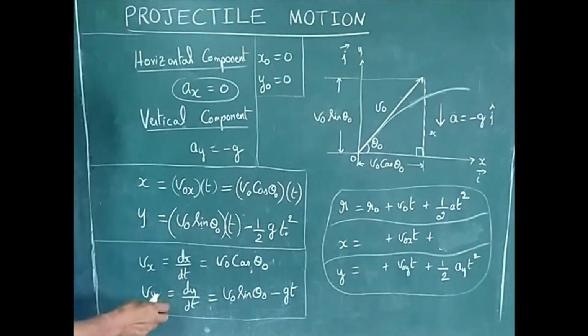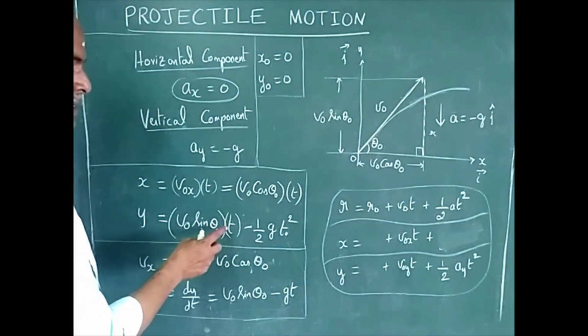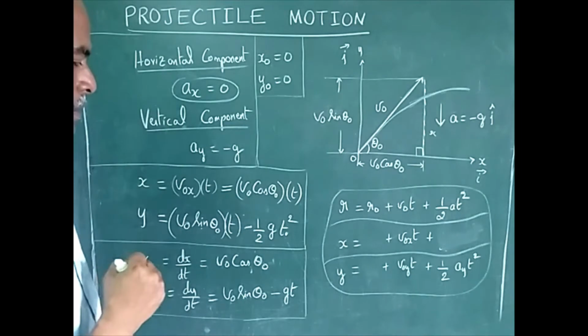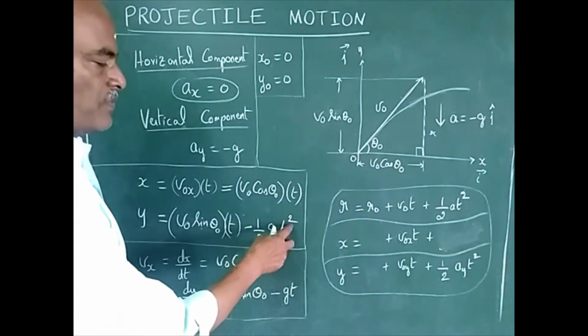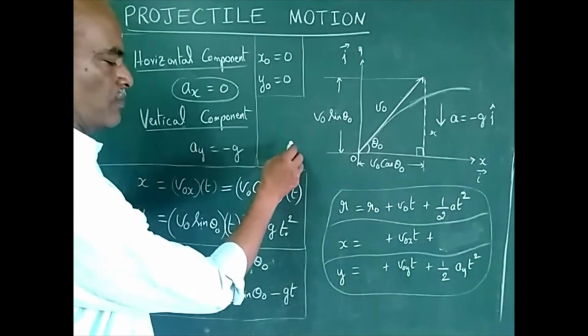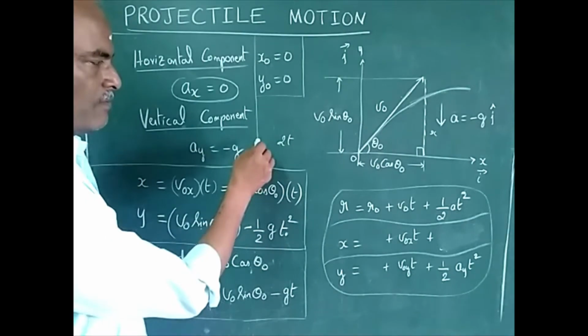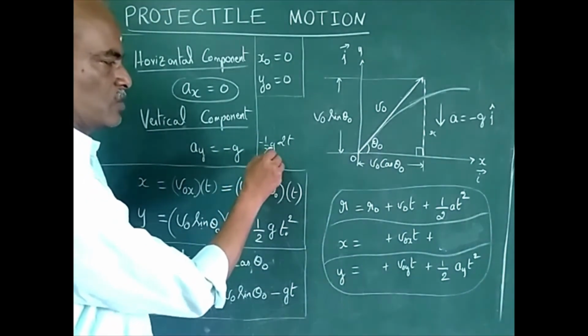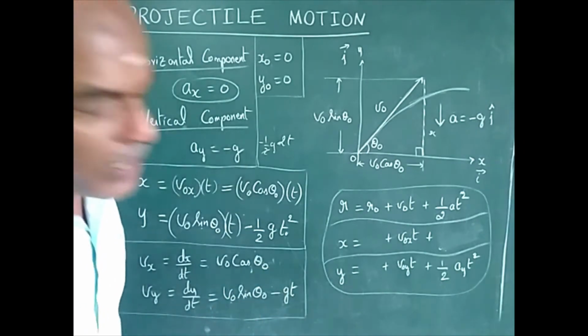So Vy is equal to dy by dt. V naught sin theta naught is a constant. Differentiation of t is 1. Minus half g is a constant. Differentiation of t square is 2t. Already we have minus half g, this 2 gets cancelled and we will have minus gt.